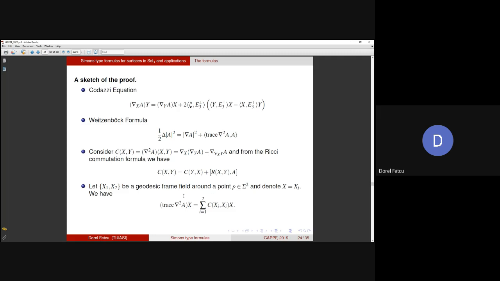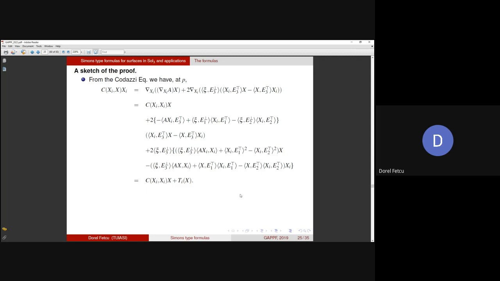Then, if we consider a geodesic frame field around the point P on the surface, and if we introduce this notation for simplicity of writing, we have this formula. And then from the Codazzi equation, we can compute C of x_i x_j, x_k, and we obtain this form, where T_i denotes this very long term here.